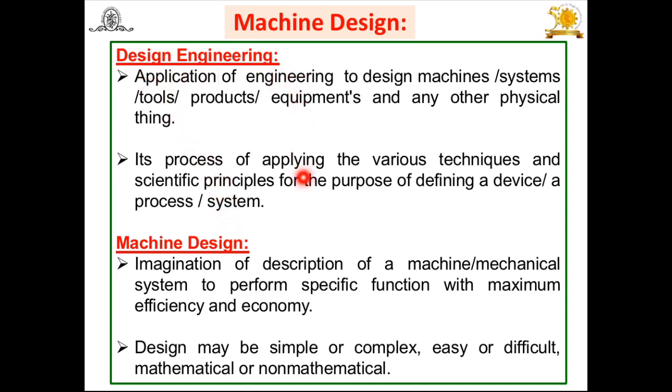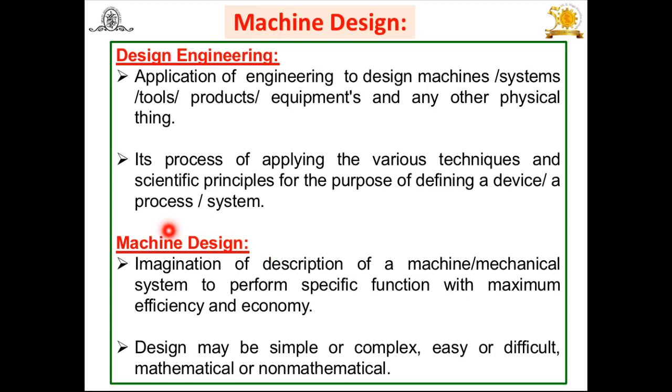But here we are going to learn machine design. So what do we mean by machine design? Machine design is also a process of applying various techniques, scientific principles, laws of physics, chemistry, mathematics, imagination and description of a machine. Description means drawing of a mechanical system to perform a specific function, that is important, to perform a specific function with maximum efficiency and economy.